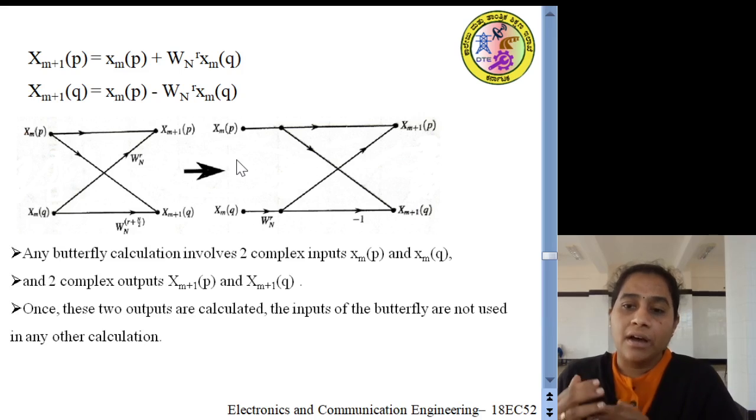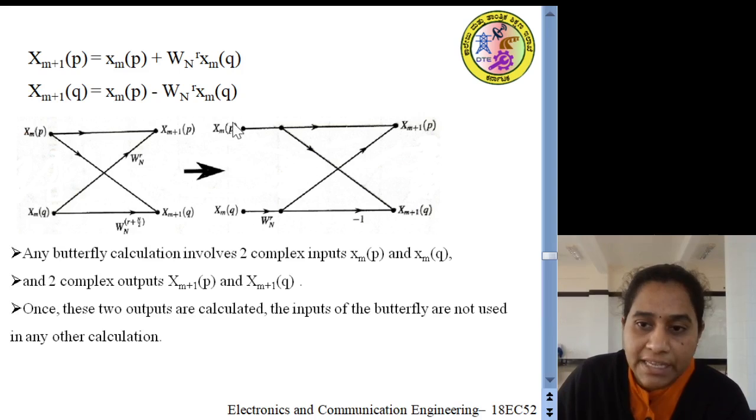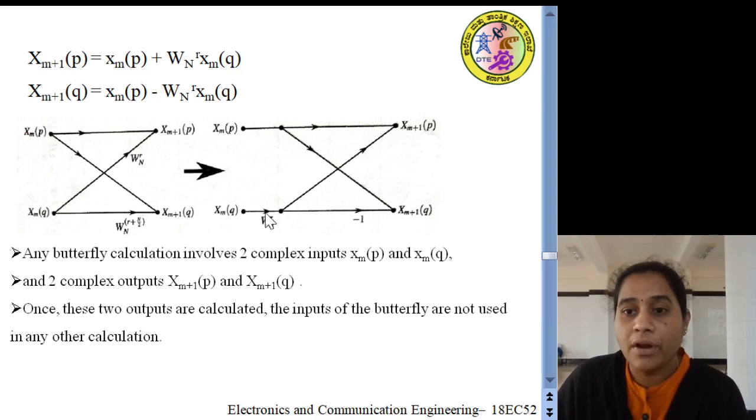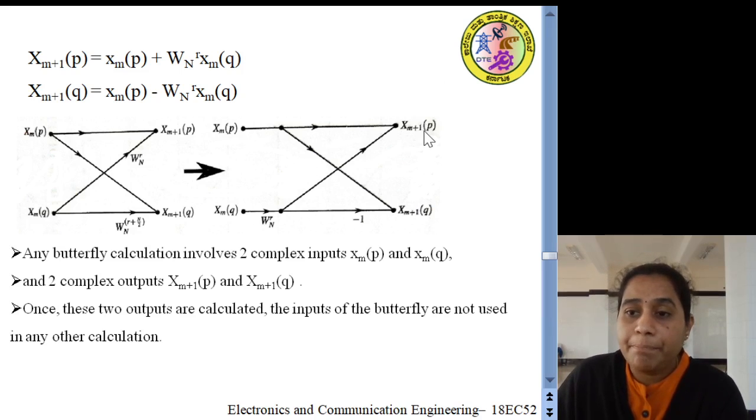So the storage space we used for x_m of p and x_m of q before can be used to store x_(m+1) of p and x_(m+1) of q. That means this memory space will be replaced for storing these two values.